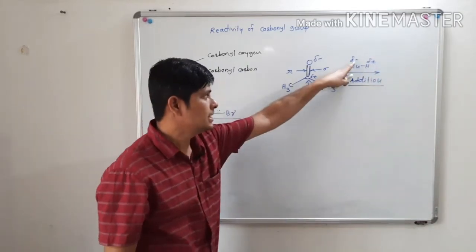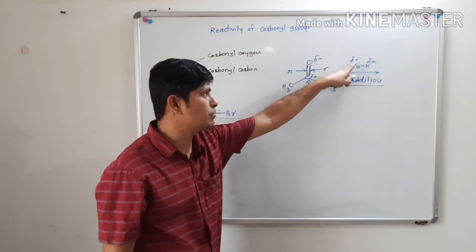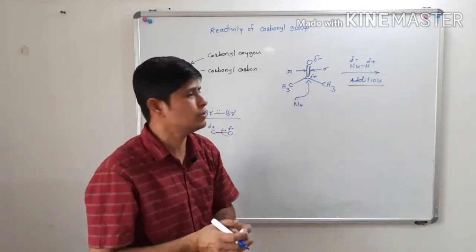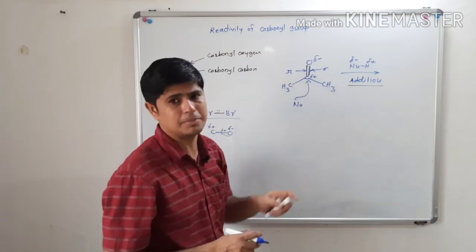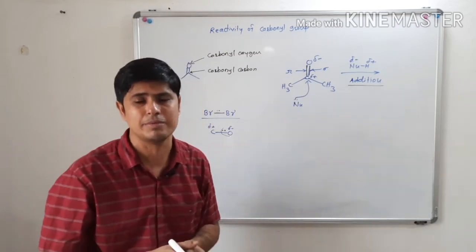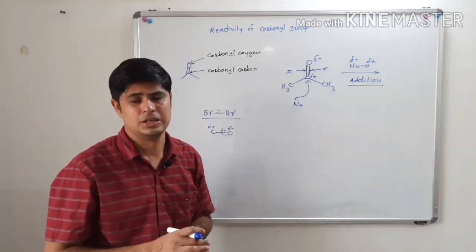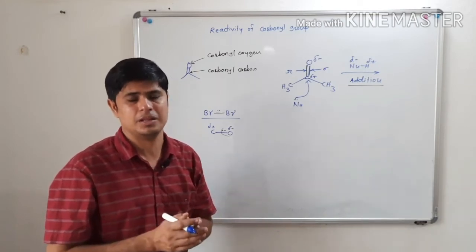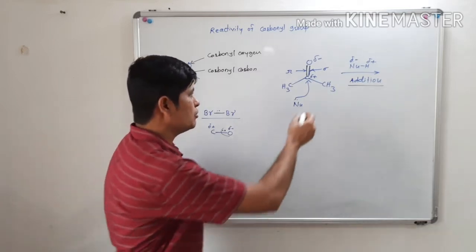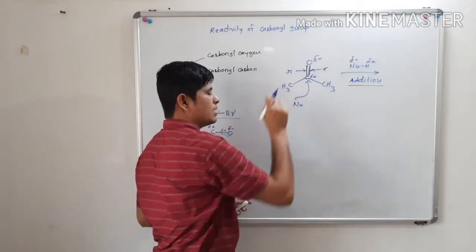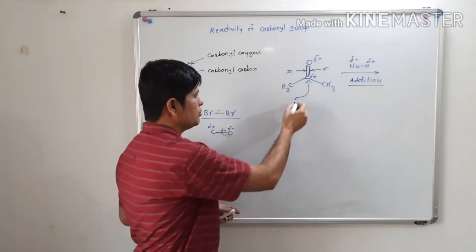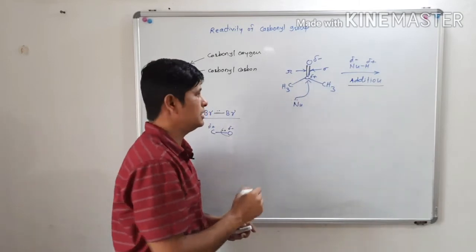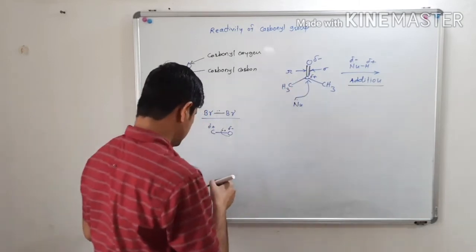So it will approach the carbonyl carbon, because carbonyl carbon is having less electron density. There will be opposite charge attraction. So nucleophile is electron rich and this carbonyl carbon is electron deficient. So nucleophile will approach this carbonyl carbon.